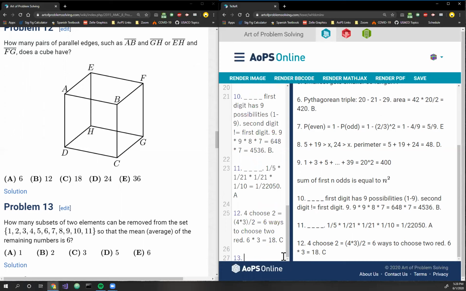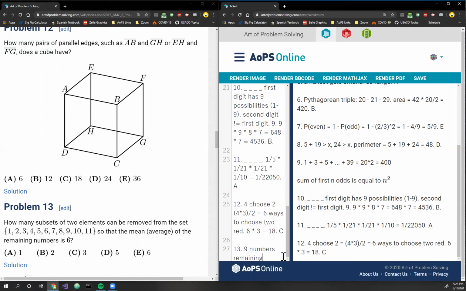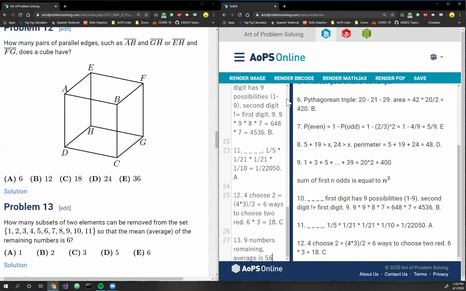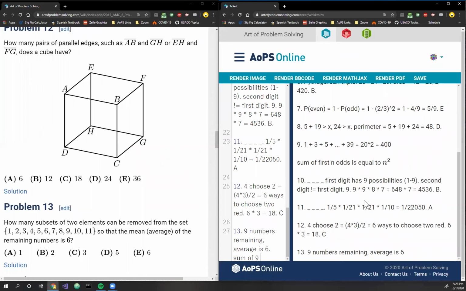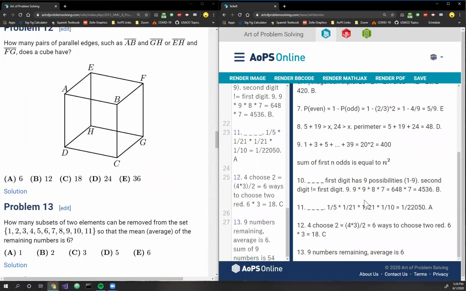Okay, so the way to do this, there are nine numbers remaining, and average is 6. By the definition of the average, the sum of 9 numbers is 54.